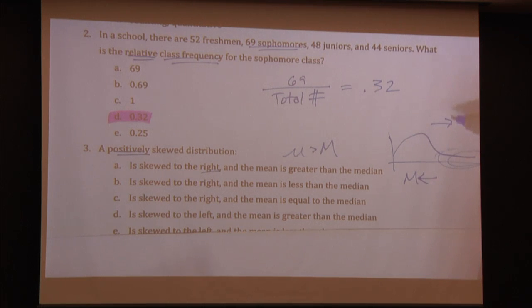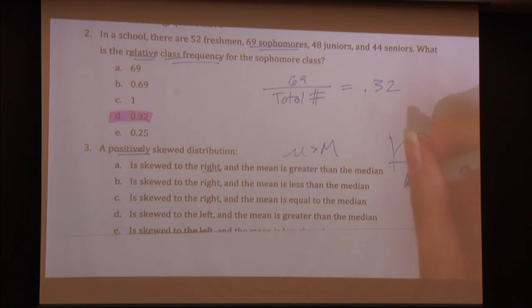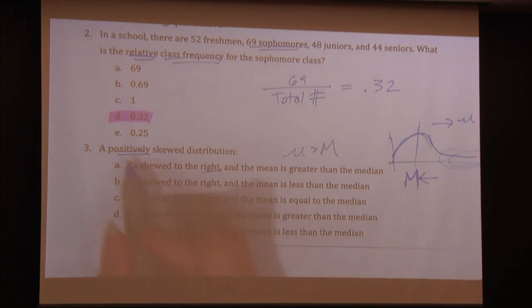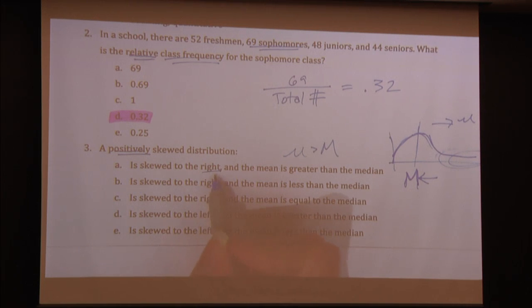Whereas it looks like the median sort of just stays with where that peak is in the graph. So with the positive right, when you look at it graphically, the more right you go, the higher you go, the more positive you go. So it goes hand in hand with right and positive.